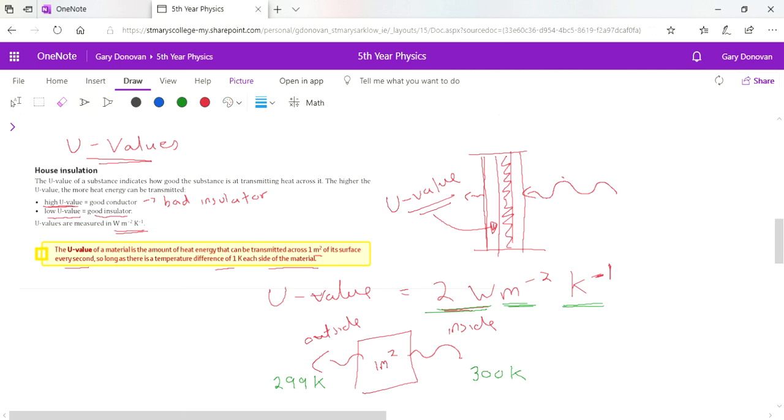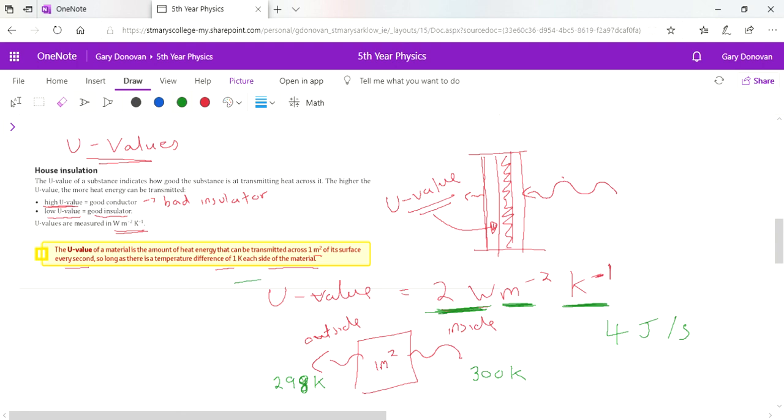So every second this wall would lose 2 watts of energy, or 2 joules of energy. If the temperature difference became 298, now the temperature difference has doubled, so it wouldn't just lose 2 joules of energy every second, it would lose 4 joules of energy every second, because now there's a temperature difference of 2. So it's 2 joules of energy every second for every 1 meter squared for every 1 Kelvin in the difference.